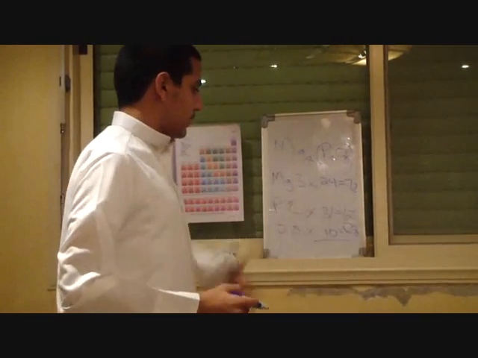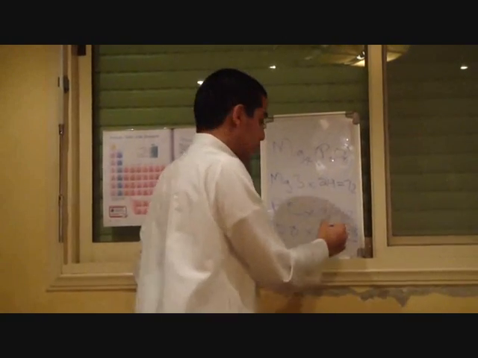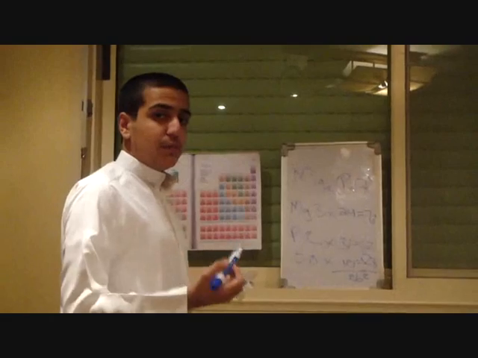You add them all up, which gives you a total of 262. And of course you have to include the units. So 262 grams per mole.